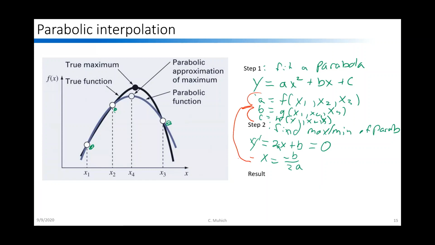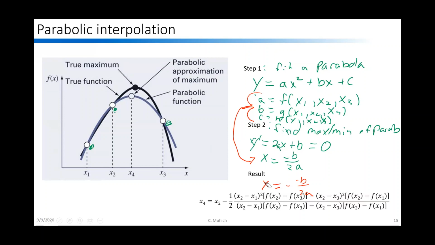Punch it into this x equation, and that will then give us the next x.